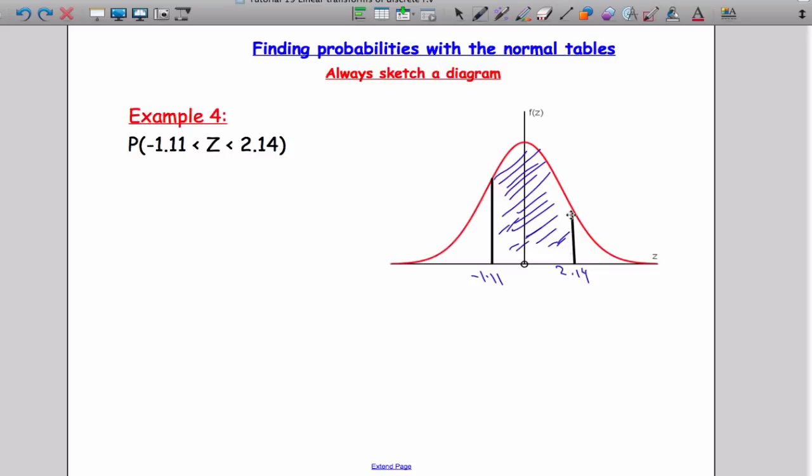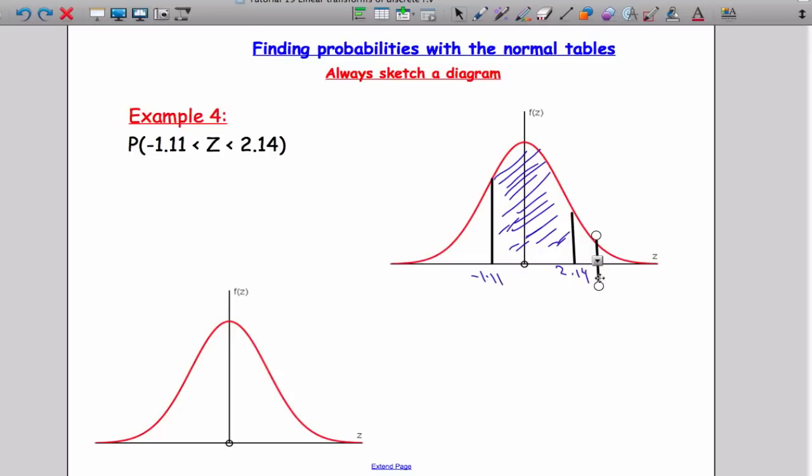Now this can be a tricky one to do. Well, if I worked out the probability that Z is less than 2.14, I can work that out, which will give me this total blue area here.